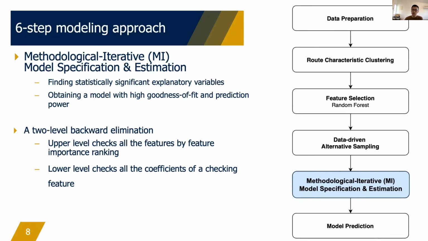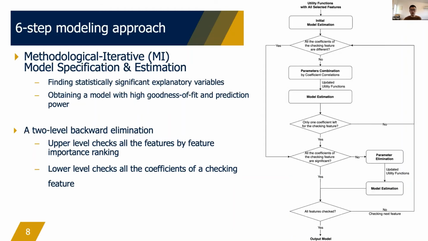The MI method aims to find statistically significant explanatory variables and obtain a model with high goodness of fit and prediction power. The overall procedure is shown here. The MI method can be seen as a two-level backward elimination procedure. The upper level checks selected features from less important to most important one by one and eliminates insignificant features.